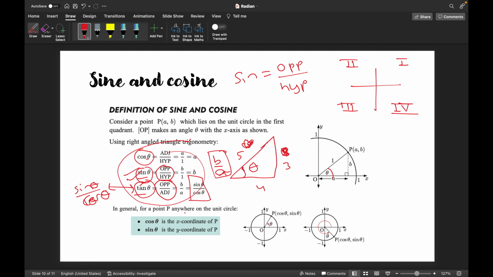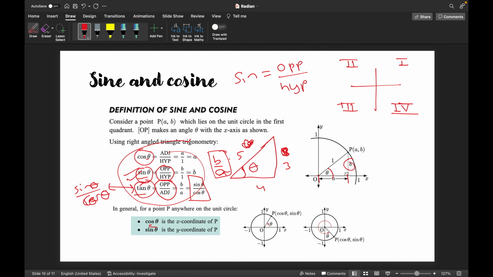In general, for a point P anywhere on the unit circle, so the unit circle is this, with the origin 0,0 and radius 1, cos theta is the x-coordinate of P. That makes sense because cos theta is A, right? And sine theta is B. So obviously P would be cos theta comma sine theta for all the points anywhere on the circumference.